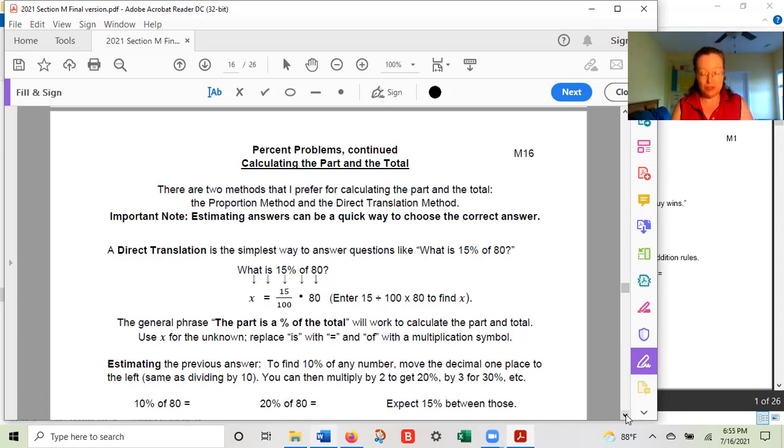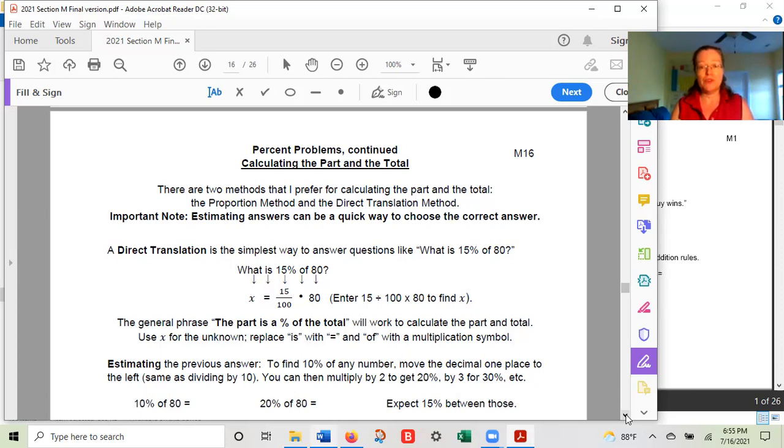What it says is a direct translation is the simplest way to answer questions like, what is 15% of 80? If you have something that's just really obviously this is what you're being asked, I strongly recommend you do the direct translation method. This is also, I'm going to say, the most common way of phrasing questions for word problems that involve percents.